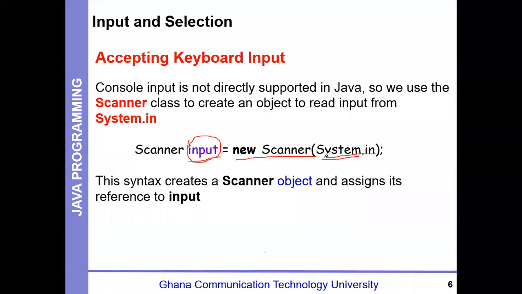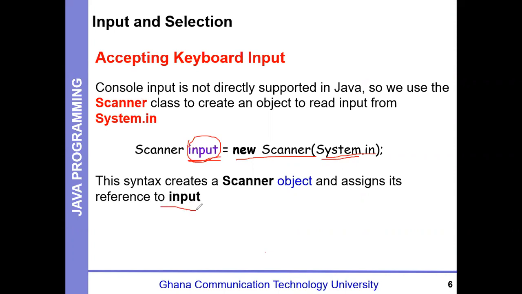And so when we create this, input now is an object that is capable of taking input from the user. I'll use input just to make it clear, but you can use another name. So what we're saying is that we have created an object, which we call a Scanner object, and then we've assigned the reference input.